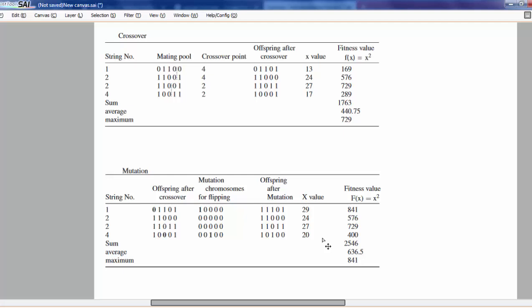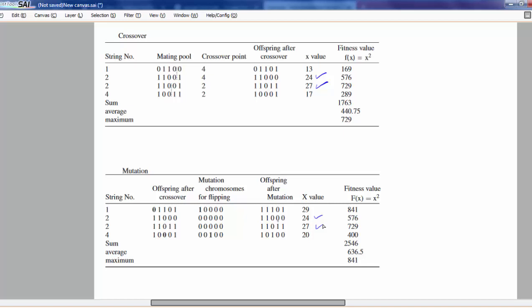Okay, this is the mutation table. The mutation operation is performed to produce a new offspring. We just need to use bit flipping; this is what mutation means. For example, we leave this one and this one without any modification, so they stay the same.